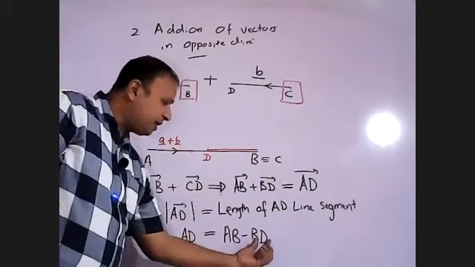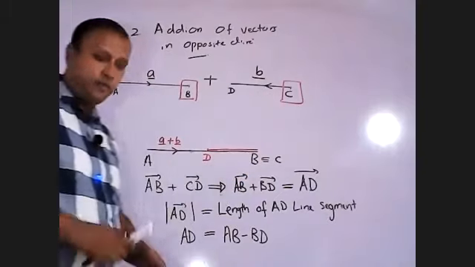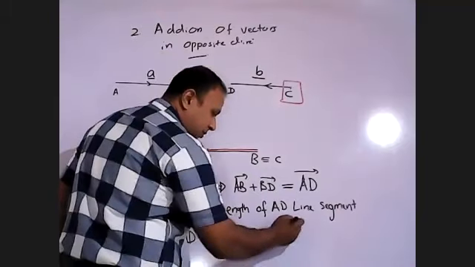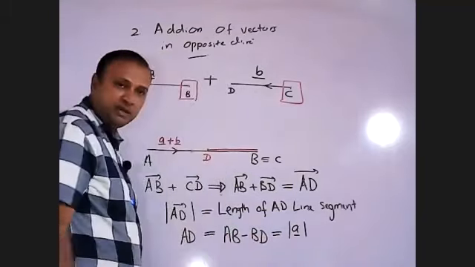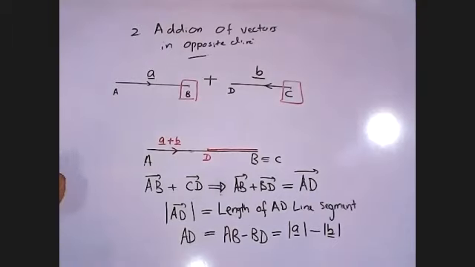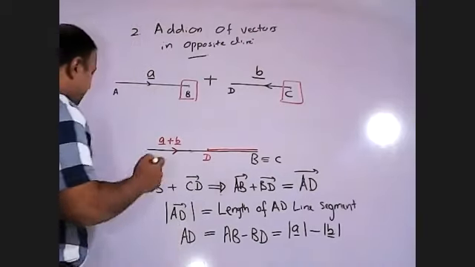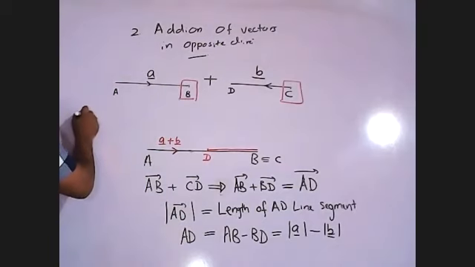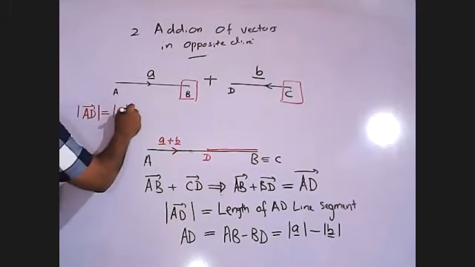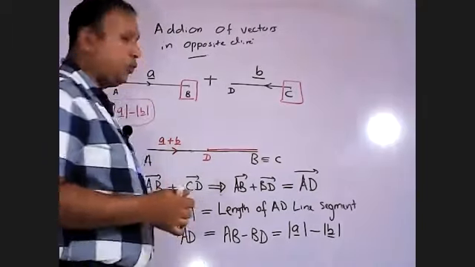So the BD length is equal to the magnitude of B. So I can write the magnitude of AD vector is equal to the magnitude of A minus the magnitude of B. Did you get my point?